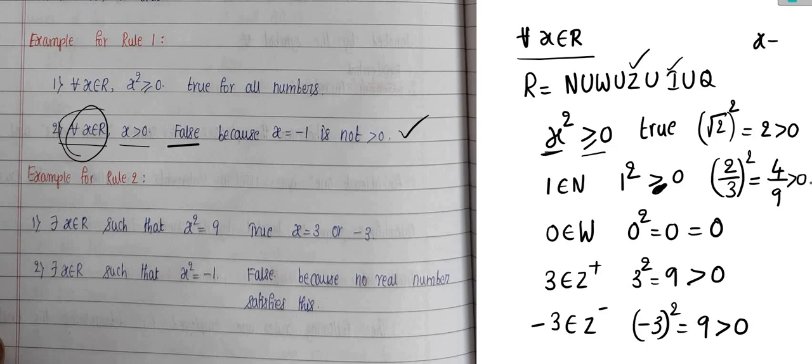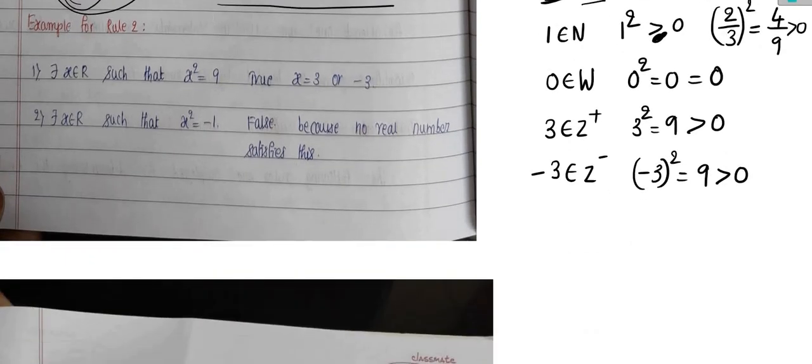If x equal to minus 1, it is not greater than 0. Minus 1 is always less than 0. That's why when the statement is false, it is enough to show that it is false at a single point. Next, move on to rule number 2.